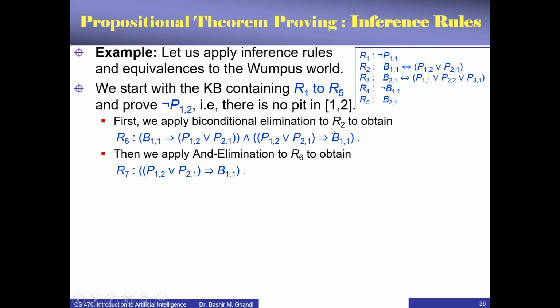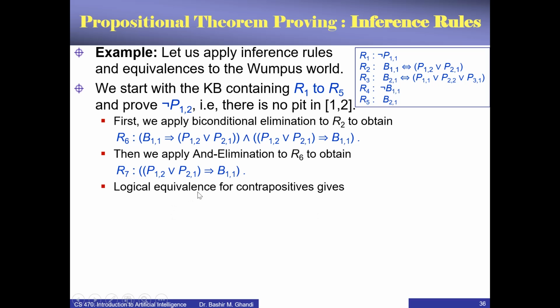So this time we choose this one, P12 or P21 implies B11. If Ali and Omar both pass the exams, it also means that Omar passed the exam. So this is called AND elimination.